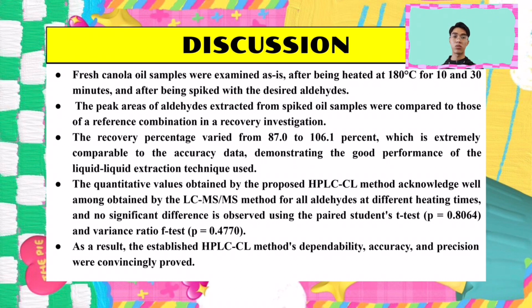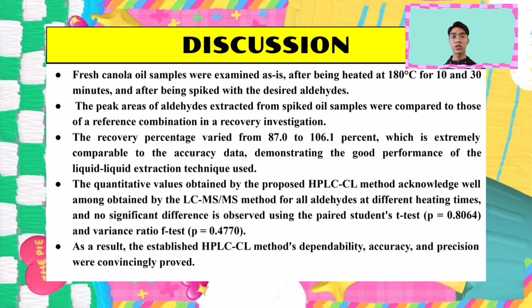Only propanal was discovered in the non-heated oil samples, whereas other aldehyde levels were below this method's detection limit. Following that, heating oil samples for only 10 minutes resulted in a substantial rise in aldehyde levels, which varied from 6.6 micromolar for HNE to 256.3 micromolar for propanal.